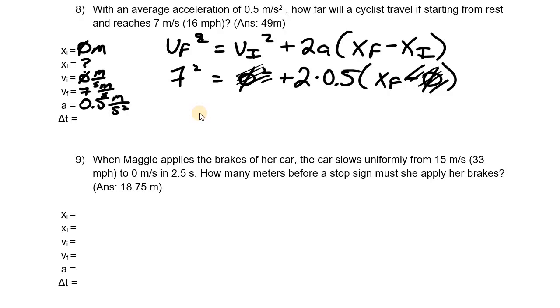So we have 7 squared, which is equal to 49, which is 7 times 7, right? And then we have this positive 2 times 0.5, so that's just equal to 1, right? And so we're just left with xf is equal to 49. And that's our answer. Okay, well, that's simple enough, right?